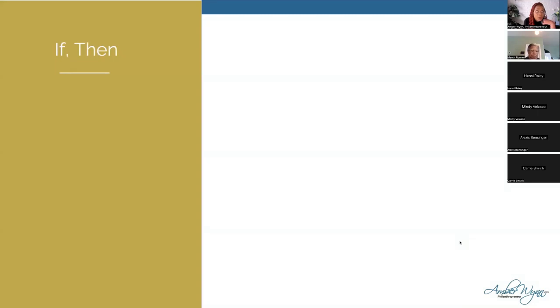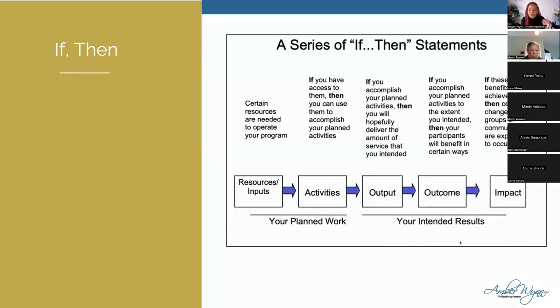When it comes to a logic model, the way that I've been able to process it and make it make sense, so it's not complicated, is by seeing it as a series of if-then statements, right? So in terms of your inputs, you need certain resources in order to operate your program. We need funding, we need staff, we need venues, right?